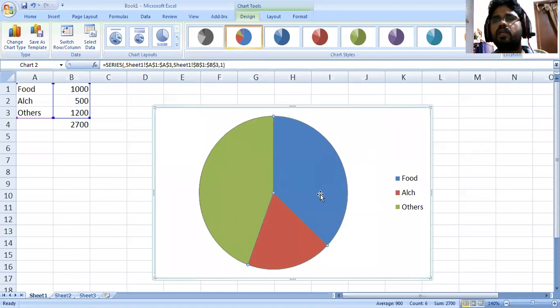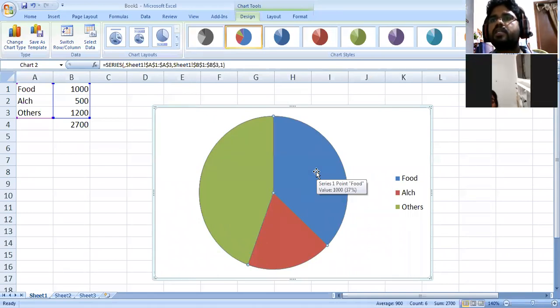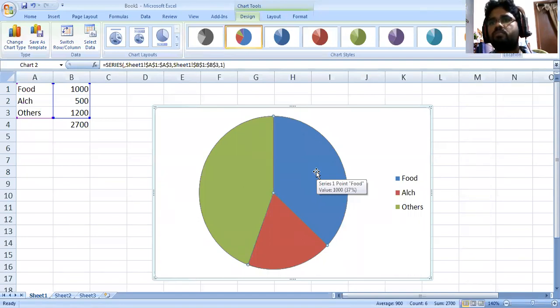See, when you click this data, series 1, the point, see 37%. So I think you can see that when you're clicking on this blue color, you will get 37%. It means that out of 100%, you are spending 37% of your expenditure allotted to food.